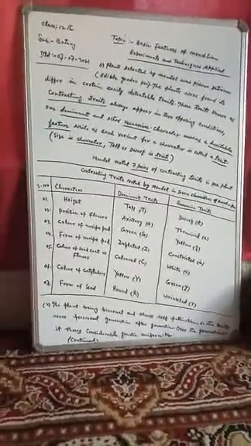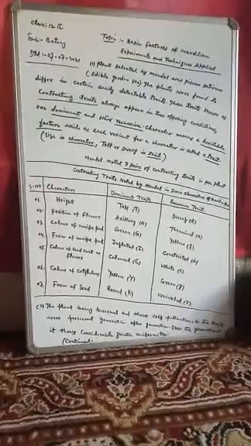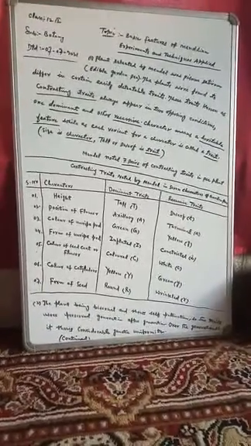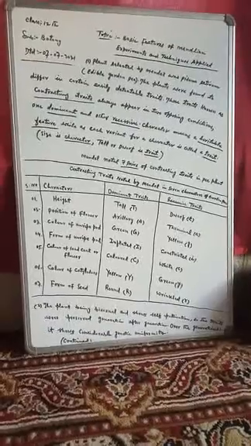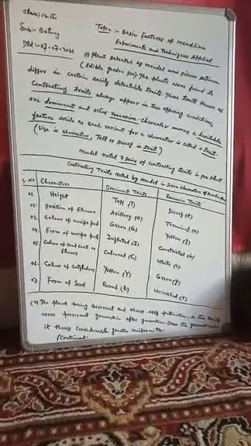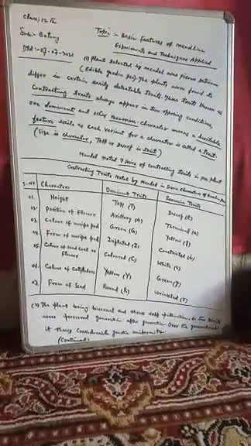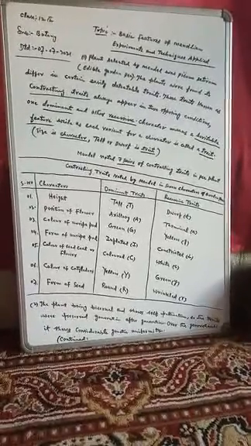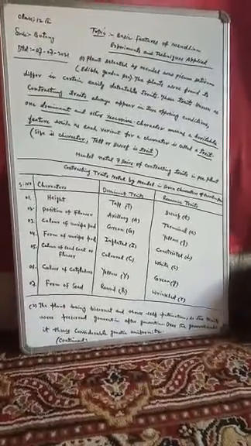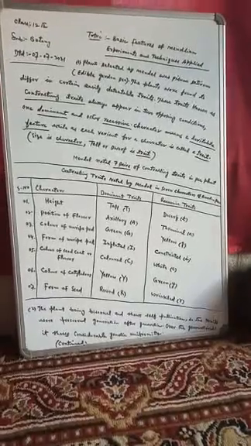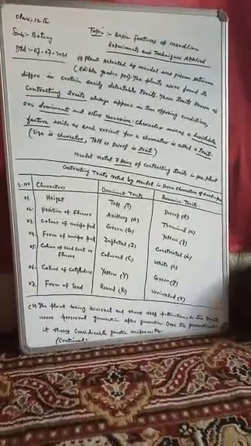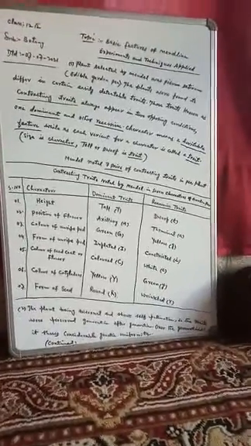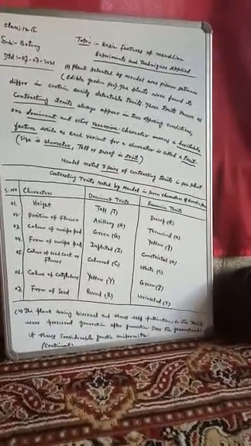So dear students, you should remember that the plant selected by Mendel was Pisum sativum, and the plants were found to differ in certain easily detectable traits, and those traits are called contrasting traits, and they always appear in two opposite conditions, one dominant and the other recessive.